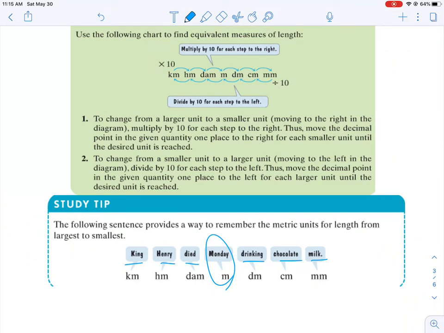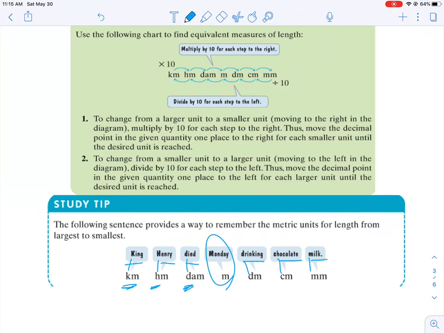What that helps us do is it helps us put those metric units in order. So we have our kilometers, our hectometers, our decameters, our meters, our decimeters, our centimeters, and our millimeters, going along with the King Henry died drinking chocolate milk, the first letters of that saying.